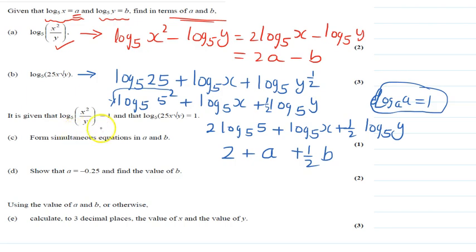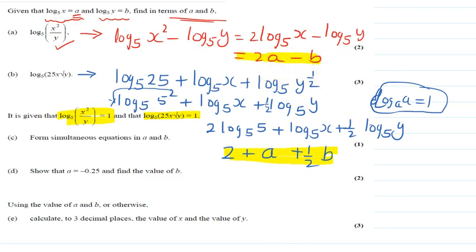Now it is given they both are equal to 1. So if you see log base 5 of x squared over y is equal to 1, and log base 25 of x root y is equal to 1. So they both are equal to 1. It means this 2a minus b and 2 plus a plus half b should be equal. So let's equate these two equations.